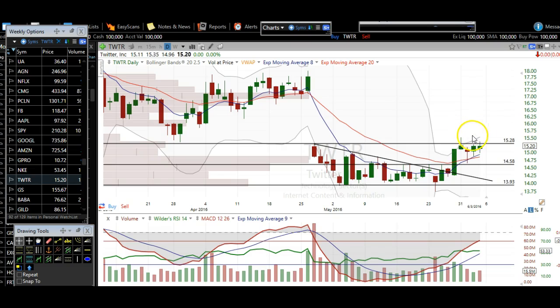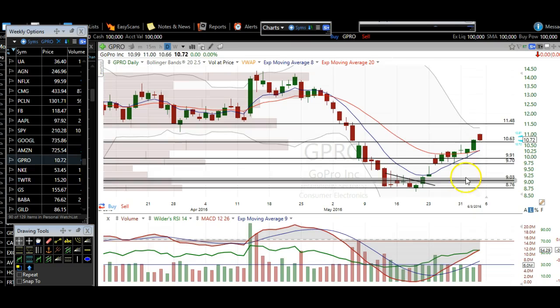If it doesn't break to the upside, we've got support at 14.50, and then the biggest support is down here around $14. All right, we've got about 10 candles right here where the lows were right around $14. So that's going to be that big support. So big resistance, 15.30, big support, $14.